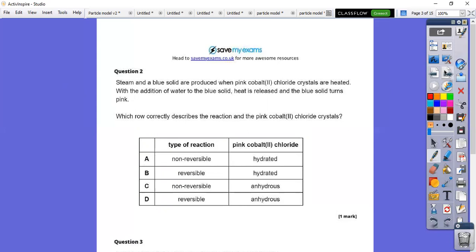Is that one hydrated as well? Yep, correct. Is it non-reversible?